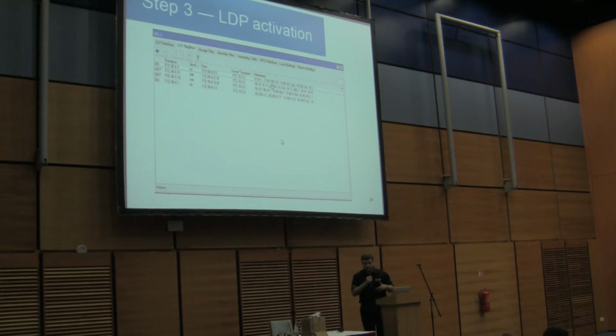And the next step is LDP activation. When you activate your neighbors, you say that they will talk MPLS instead of IPv4. Be careful with those addresses. You must see what you see on my screenshot. If you activate LDP and you do not see addresses on the left, it means that you have an MTU issue somewhere between the routers.